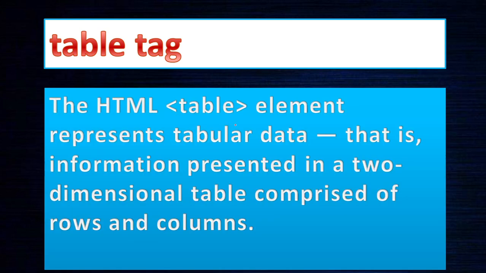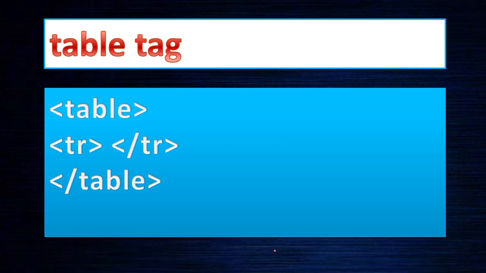The HTML table element represents tabular data, that is, information presented in a 2-dimensional table comprised of rows and columns. So these are columns and these are the rows, first row, second row, third row. Then how to make a row?